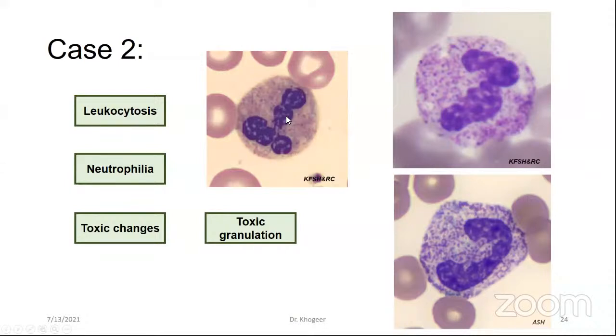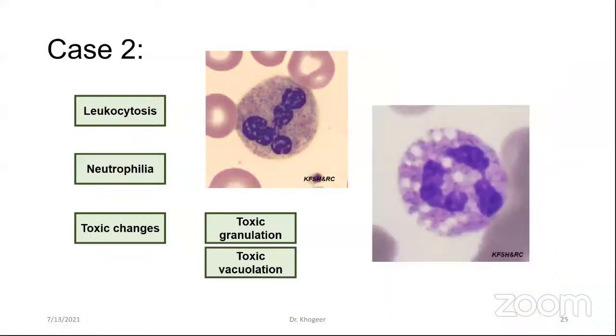So this is a normal neutrophil, and these 2 neutrophils show increased granulation, or toxic granulation. The second change is toxic vacuolation. Again, compare it with the normal: there are no vacuoles in the normal neutrophils. However, this neutrophil shows prominent vacuoles.